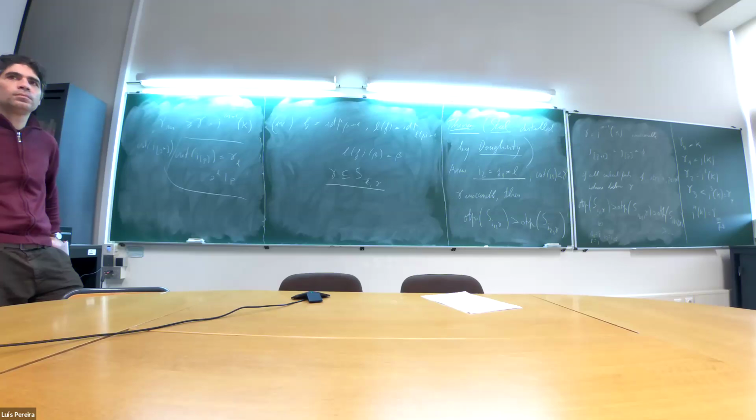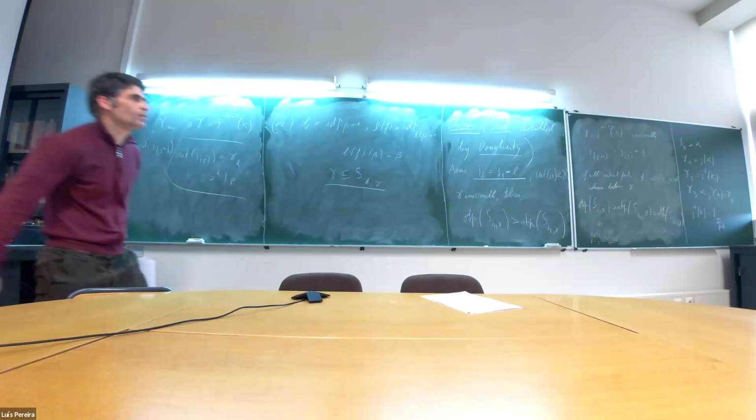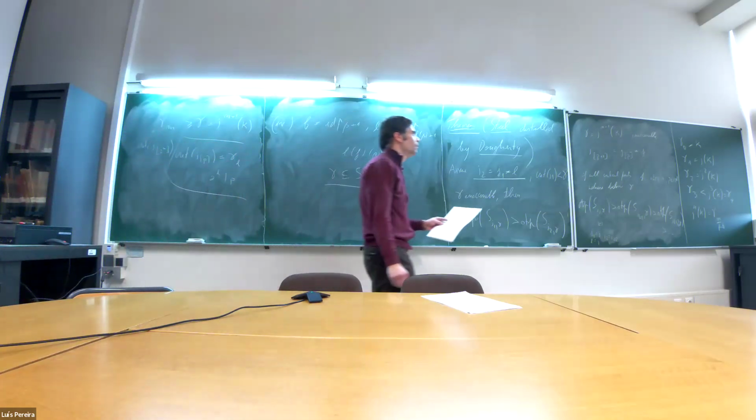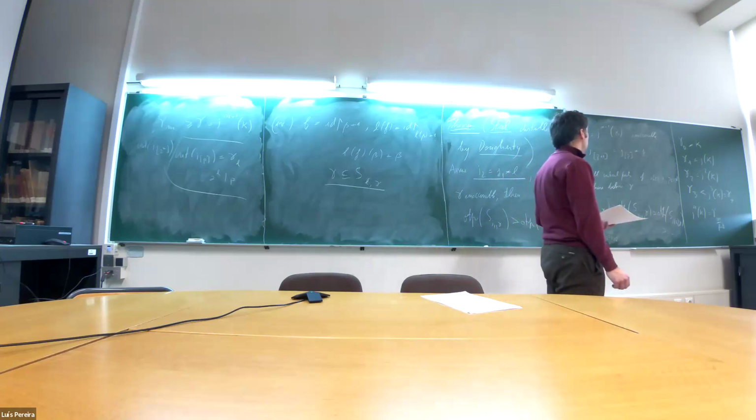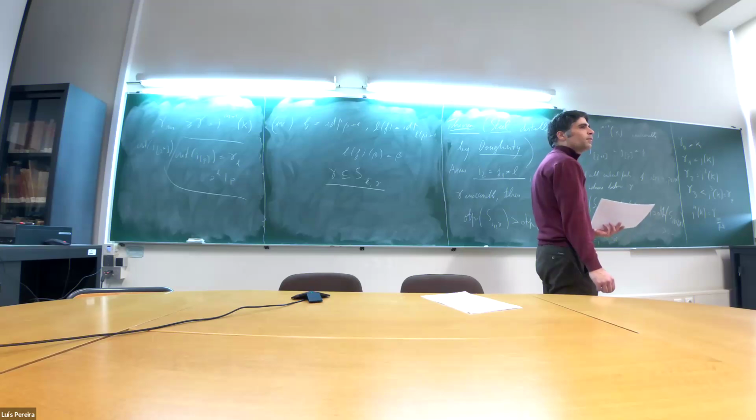That implies that... I don't understand why the negation of this, what's the negation of this statement? So there is no gamma which has infinitely many critical points below it.